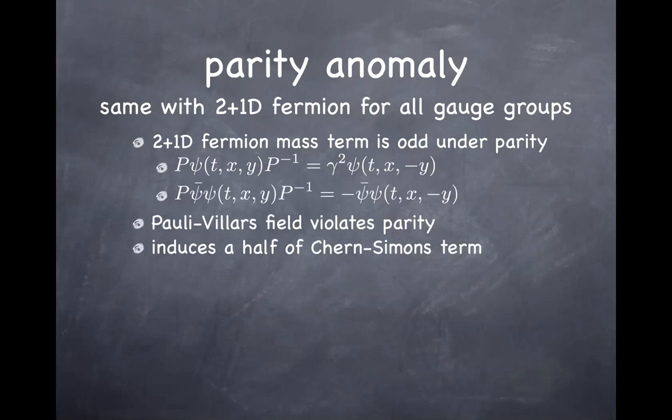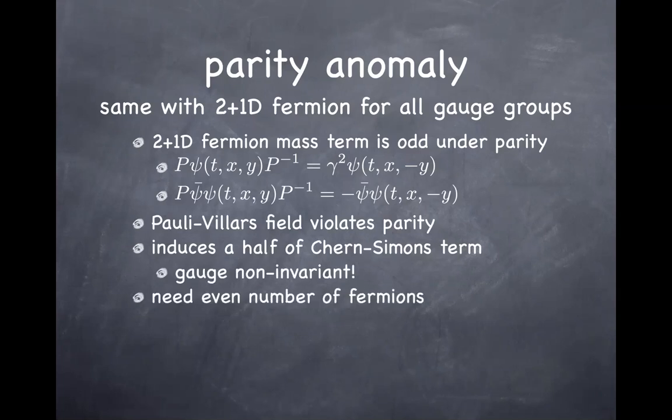So given parity is violated, you can use the epsilon tensor. So when you integrate out the Pauli-Villars field, you end up inducing a Chern-Simons term. In 2 plus 1 dimensions, the Chern-Simons term, which is a 3-form, can be part of your Lagrangian actually. And then your theory loses gauge invariance again.